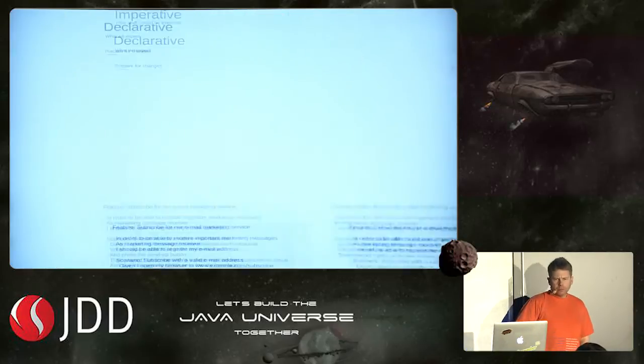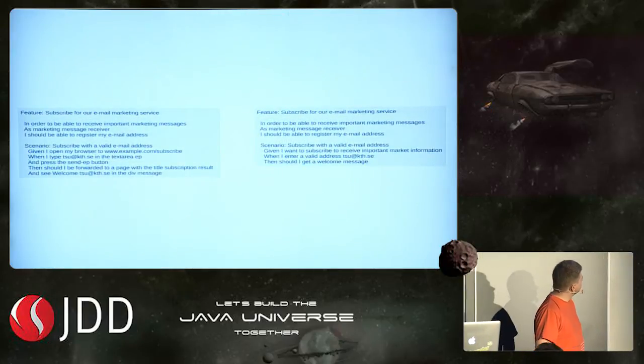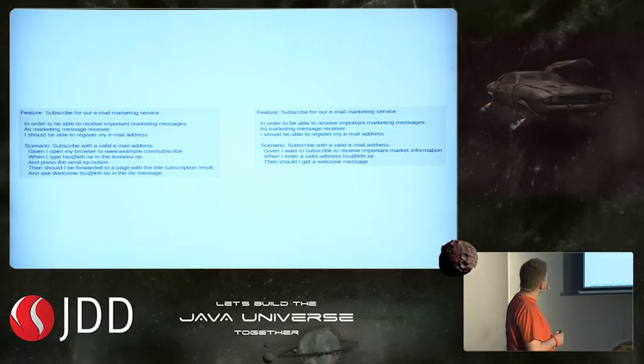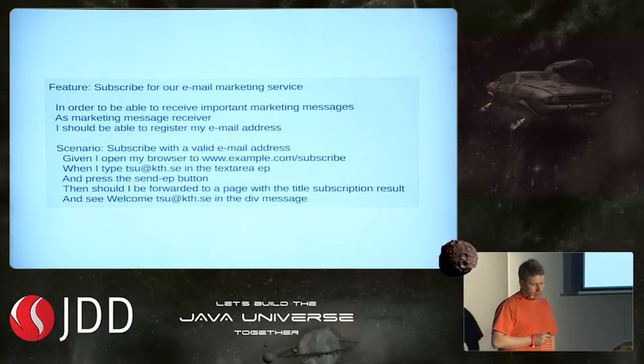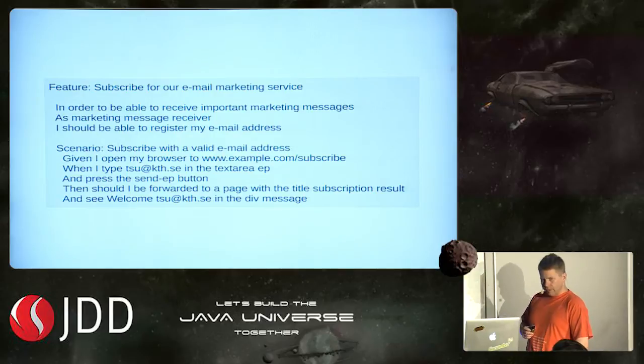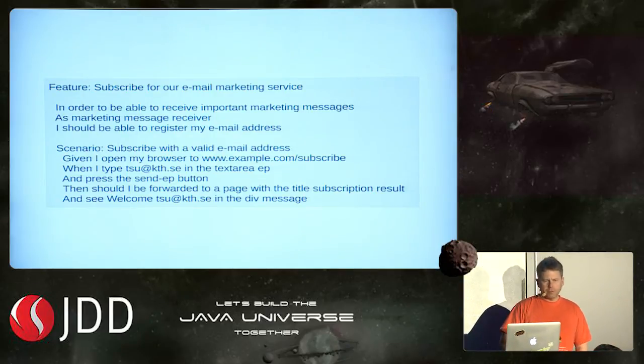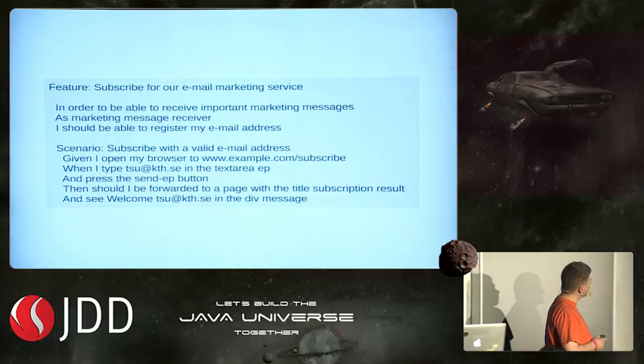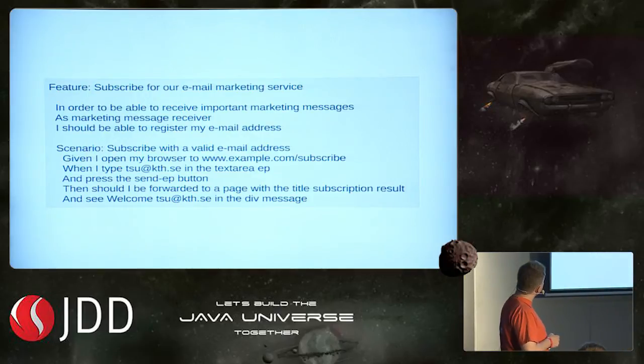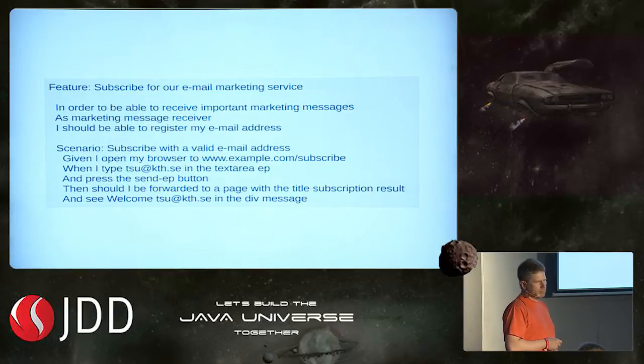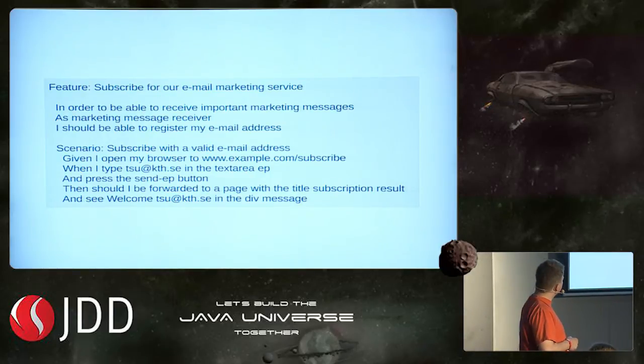So an example could be these two features, where this one is my attempt to make something very imperative. So we should subscribe with a valid email address. Nothing strange. Given that I open up my browser and then point to a specific address, that's very imperative. Then I type an address in the text area with an ID called EP.